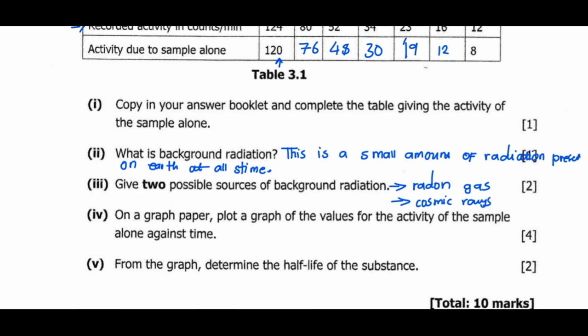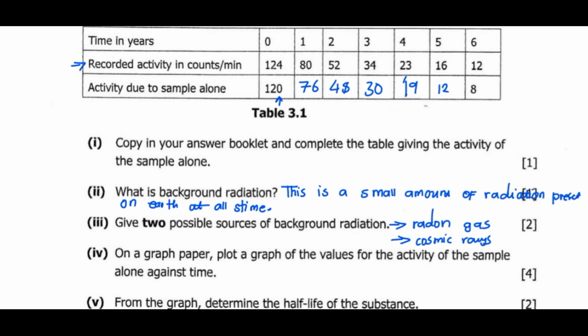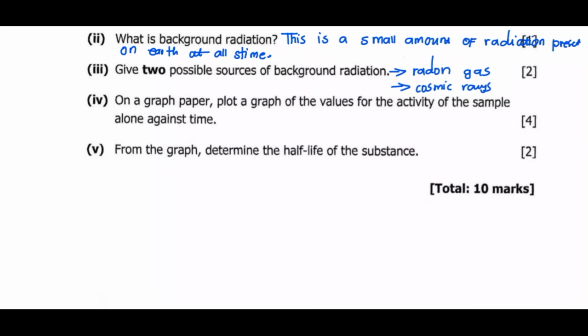Then on graph paper, plot a graph of the values of the activity of the sample against the time. First let's look at the numbers. We are starting from 120 down to 8, with times 0 up to 6. For this one we have enough space.